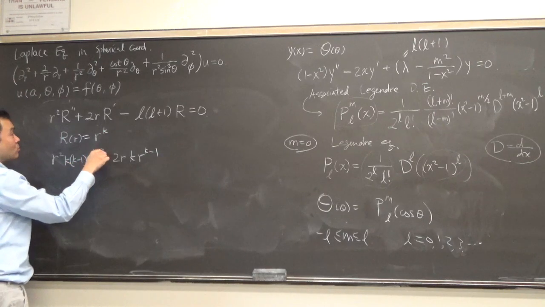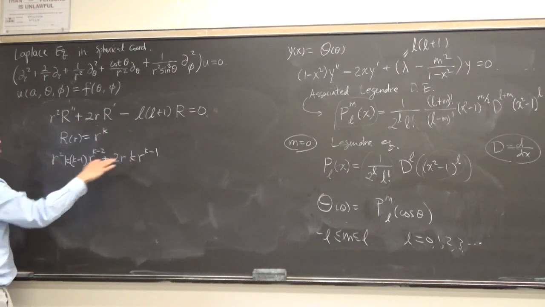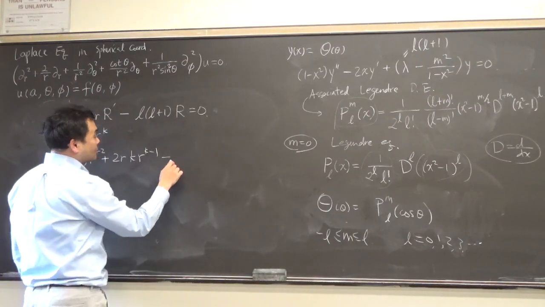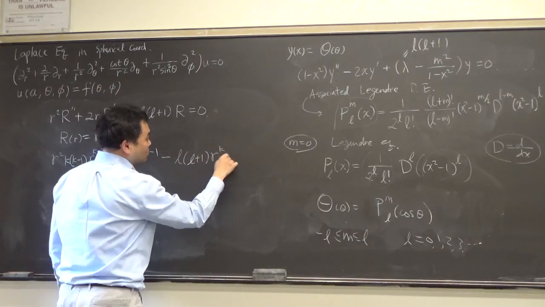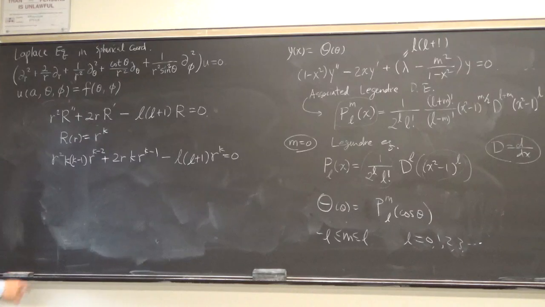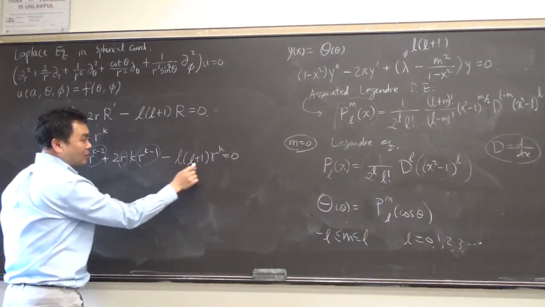Once I plug this in, this is the equation that you get, and then minus l plus 1 r to the k equals 0. Now you see that each term is r to the k.